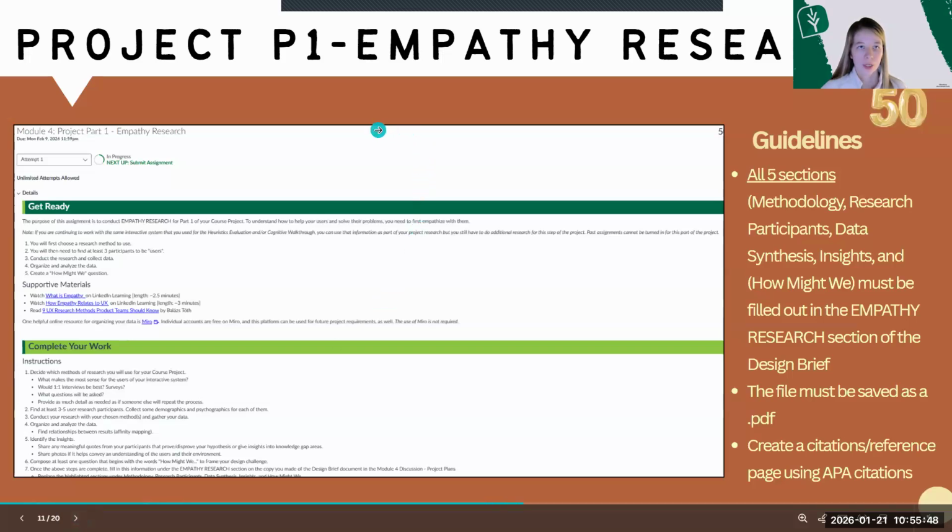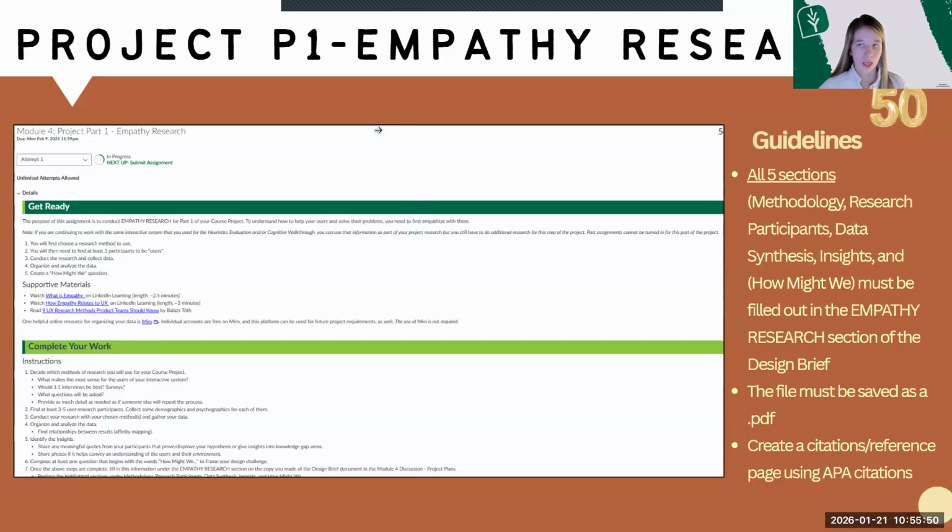All right, so we're going to be doing your Project 1 empathy research. This is what it looks like when you pull it up on IvyLearn. Remember, this is 50 points of your grade. All 5 sections, the methodology, research participants, data synthesis, insights, and the how might we, must be filled out in the empathy research section of the design brief.